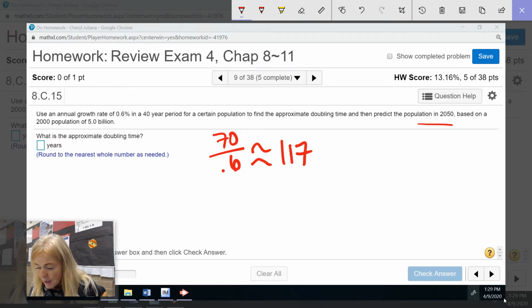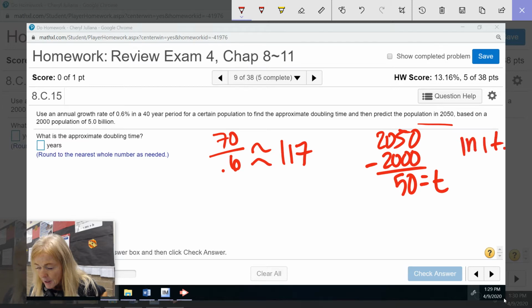So 2050 is 50 years after 2000. You take 2050 and subtract 2000 to get little t, and that's 50 years. And then the initial population is 5 billion.